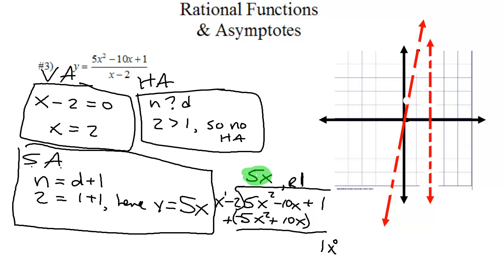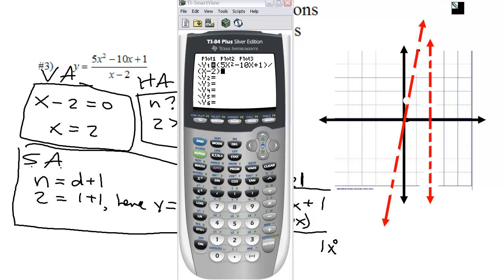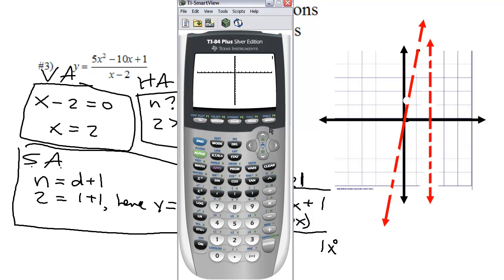Now what does the curve look like? Don't know, so we got to get a calculator out and see what it looks like. So input this into your calculator, hit graph, see what it looks like, and I got my window messed up. Let me change my window.